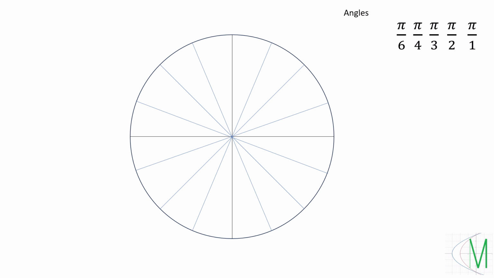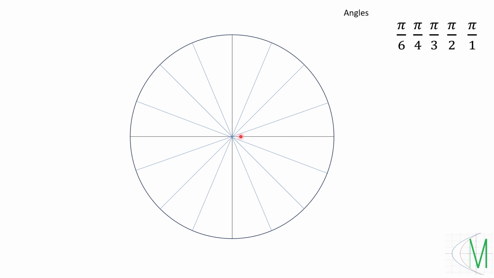Now, why did I count down from 6? If you look carefully, each of these angles, some of them are smaller and some of them are bigger. As you start here at the very beginning, the angle is 0, because one of the line segments that we use to build an angle is going to be the x-axis.